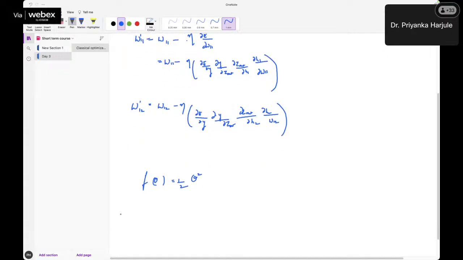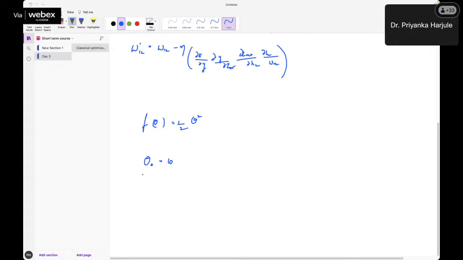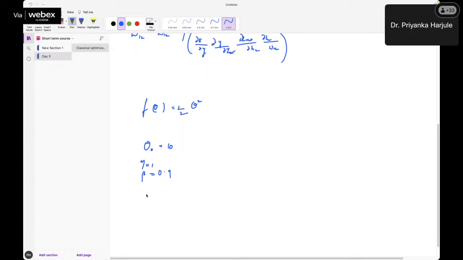You can try to implement both RMS prop and AdaGrad on this and see the result by taking your initial theta naught as 10, and learning rate I can give you as 1, decay rate beta to be 0.9, and the initial g naught to be 0.